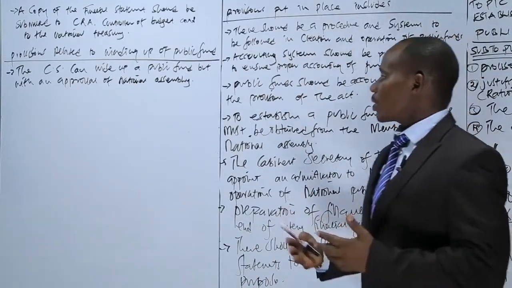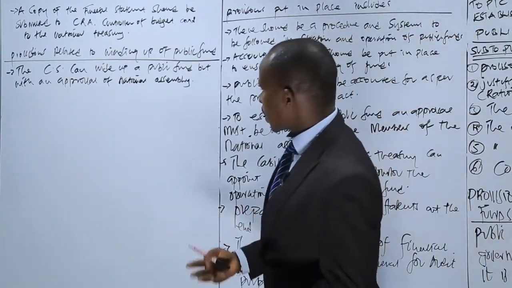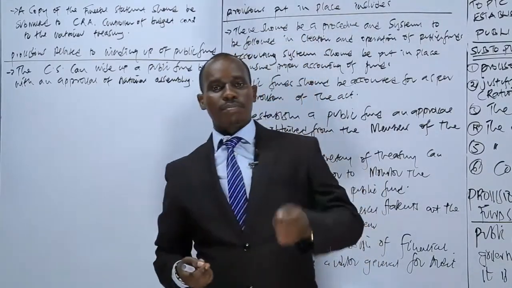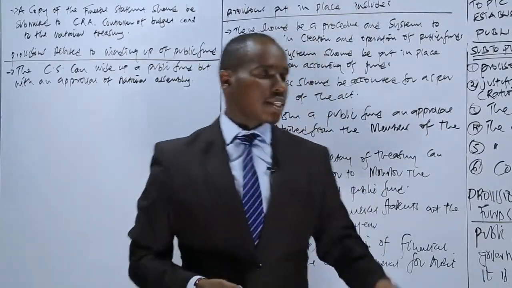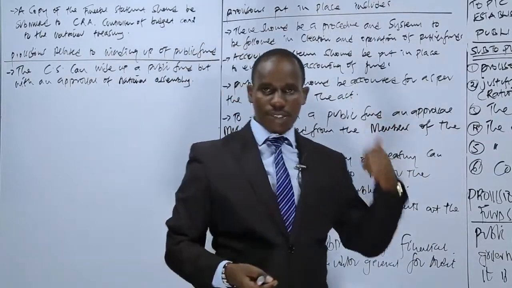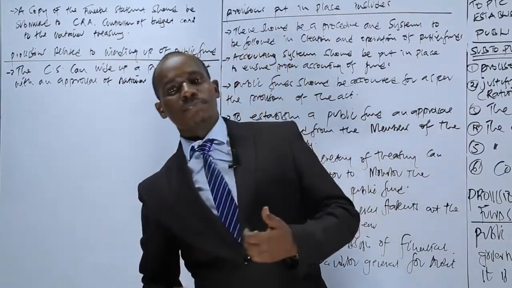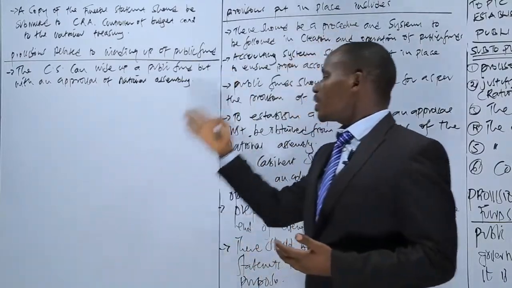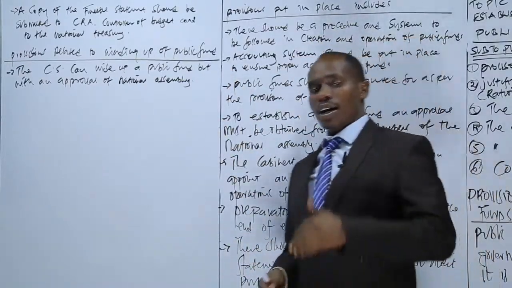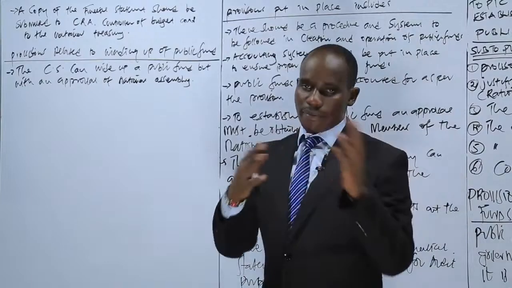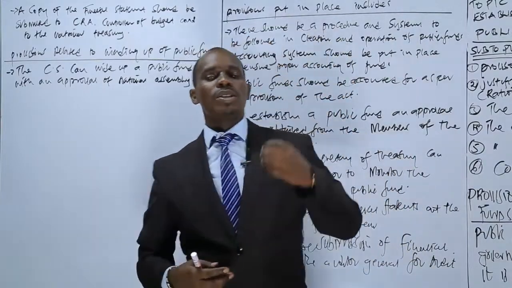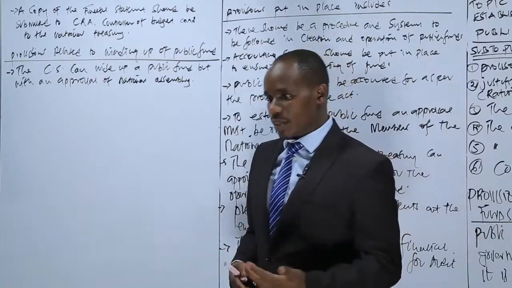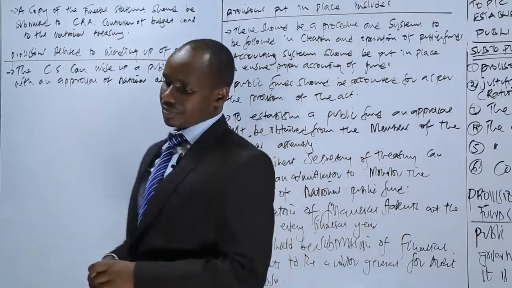So all that justification needs to be provided, and because the members of the National Assembly participated in approving the formation of the fund, they also need to participate in winding it up, so that we may not make a mistake by winding up maybe a performing fund.